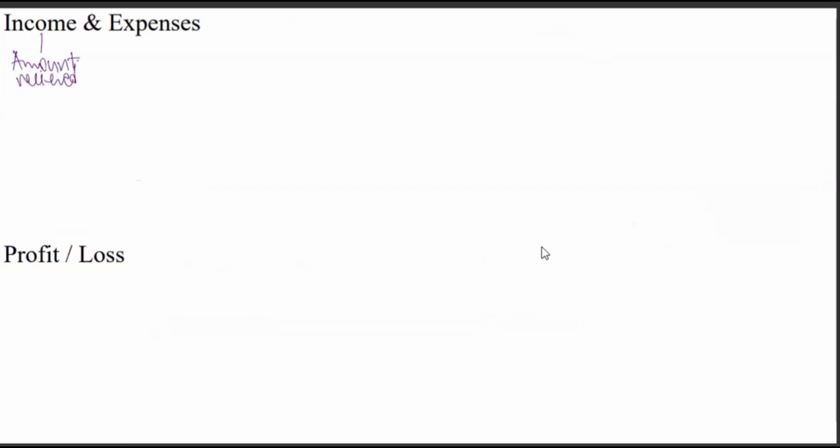You might say amount received, amount gained, amount that has come in, income, amount in. You understand? Amount in. And how do we obtain income? It's through selling. So the selling price will always determine the income.